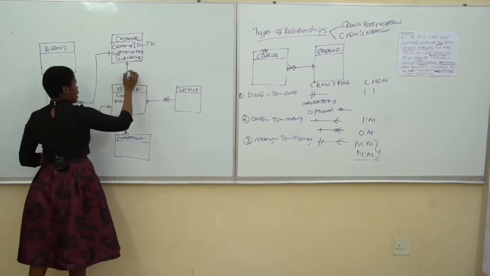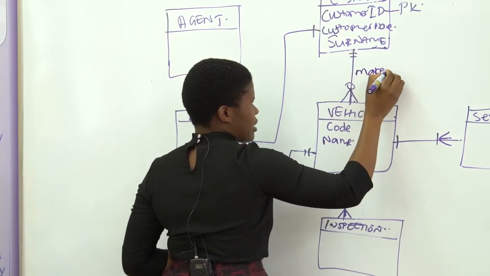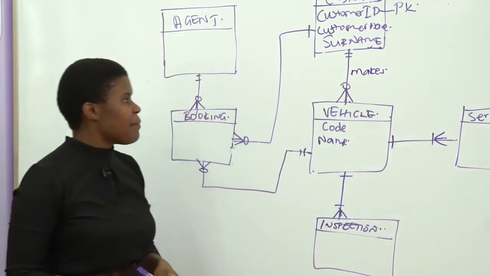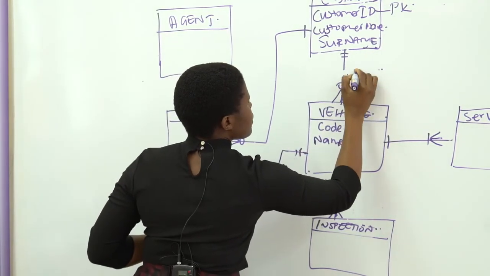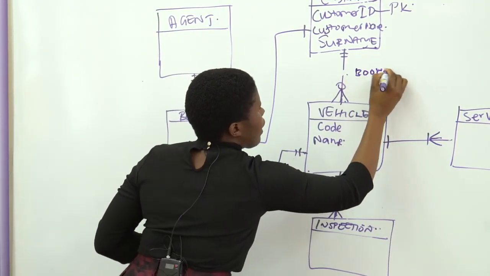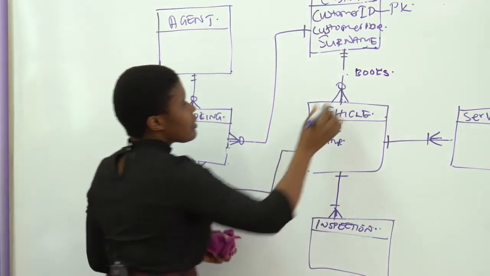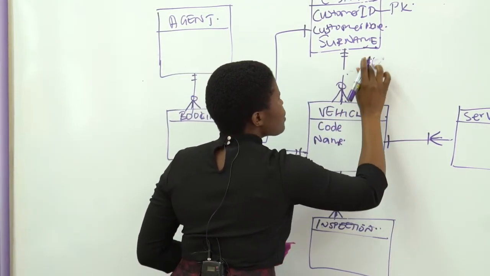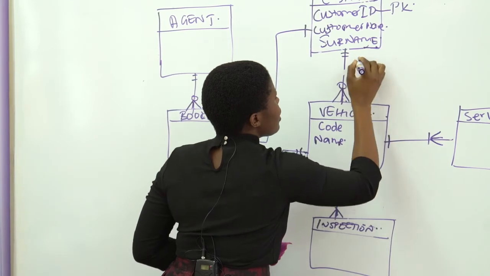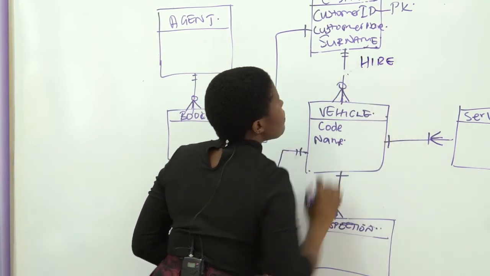Now, a customer, we are just going to use single words. A customer, okay, this is customer books. A vehicle or hire, let's use proper English, because with books, someone will think, okay, cars have to do with books. A customer hires a vehicle.